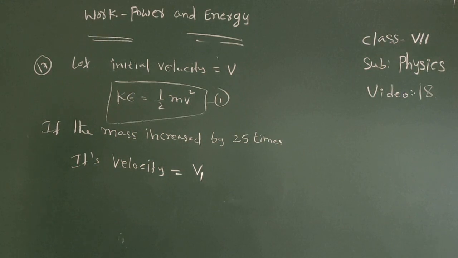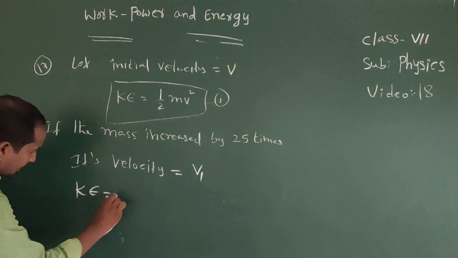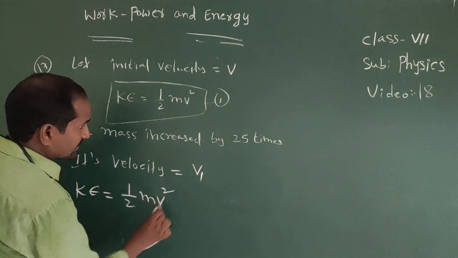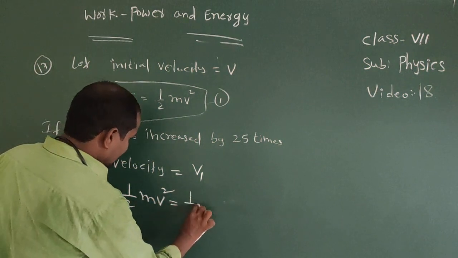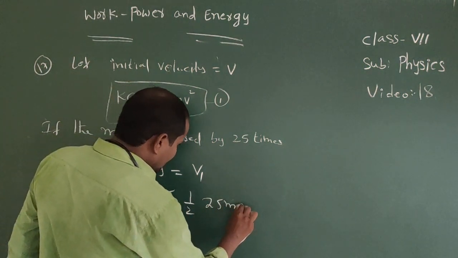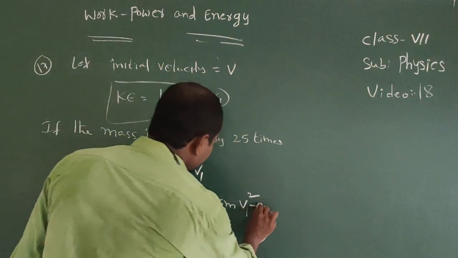Then kinetic energy K equals half into M, which becomes 25M, into V1 square. It is equation number 2.